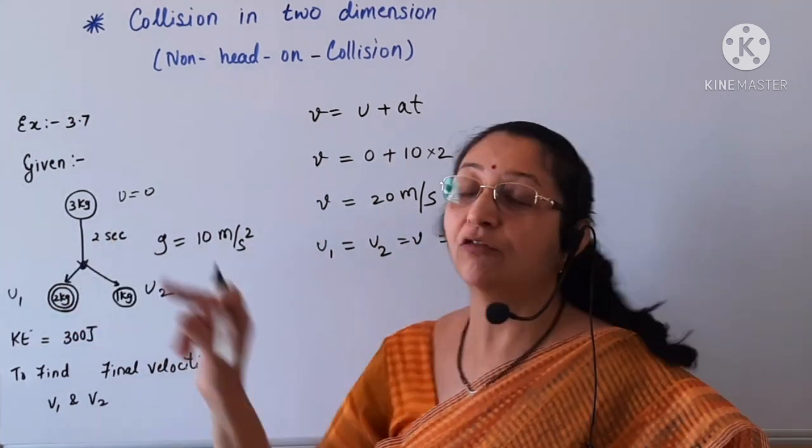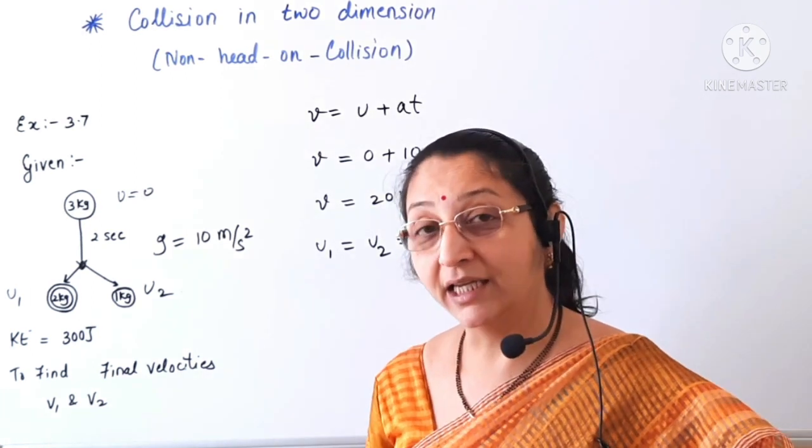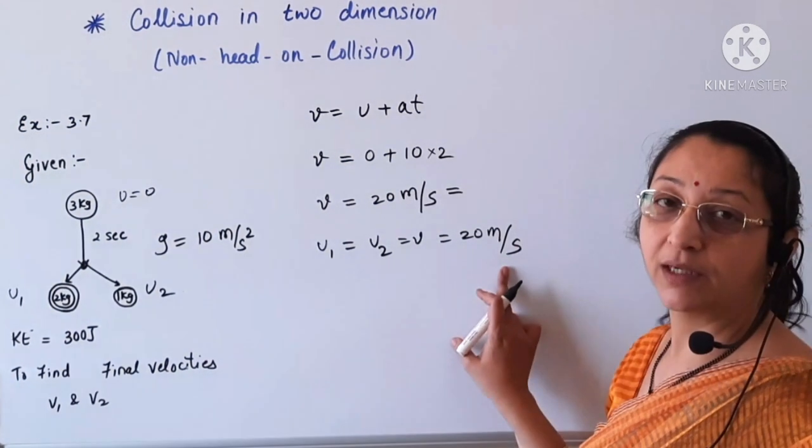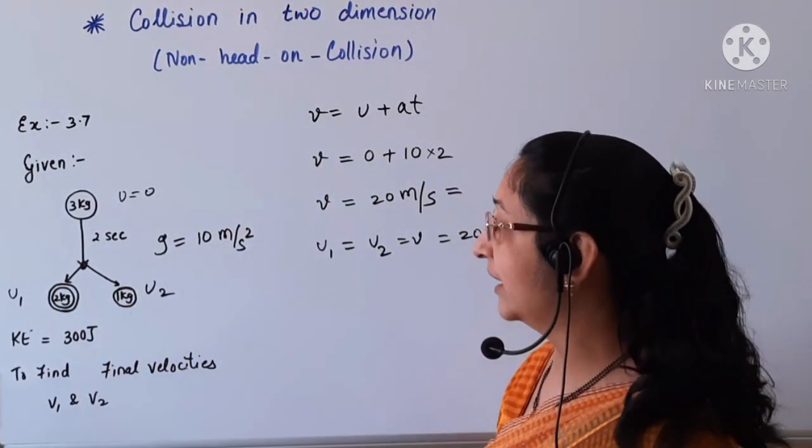So the initial velocity of both the fragments of 2 kg and 1 kg is 20 meters per second. Now, we have been asked to find the final velocities.